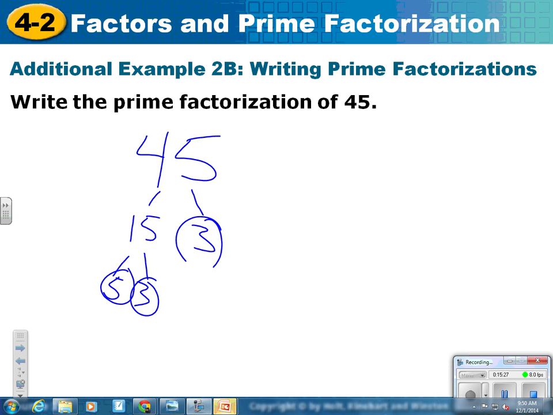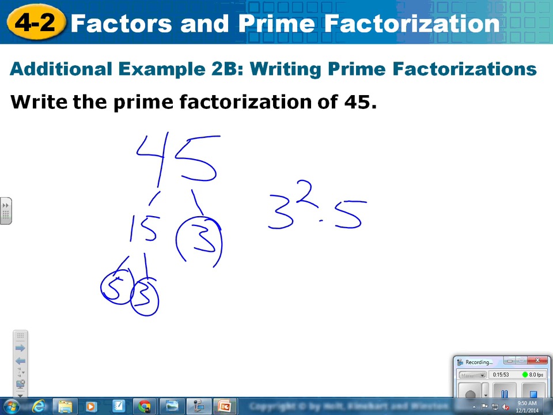Okay? Either way, doesn't matter. Makes no difference. Prime factorization is really easy when you know your multiplication facts. If you don't know your multiplication facts, it's hard. It gets a lot harder. So that's an important skill that you need to have. So I'm going to write this out as 3 to the second times 5.